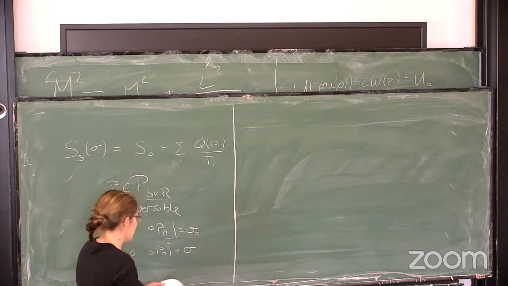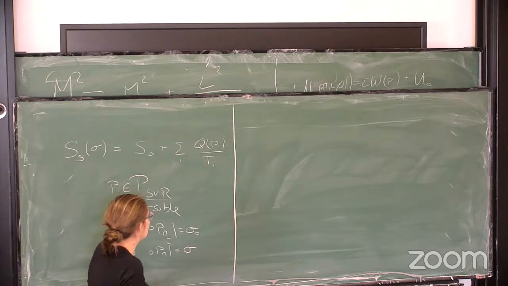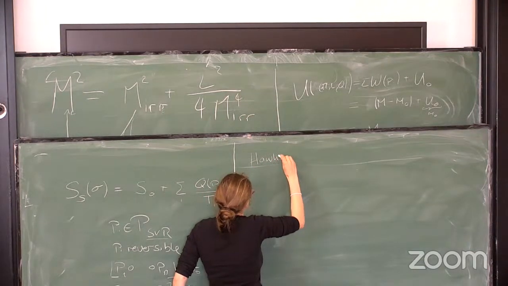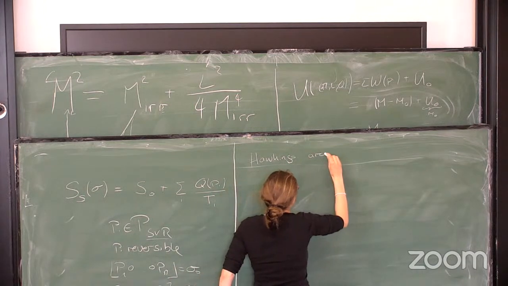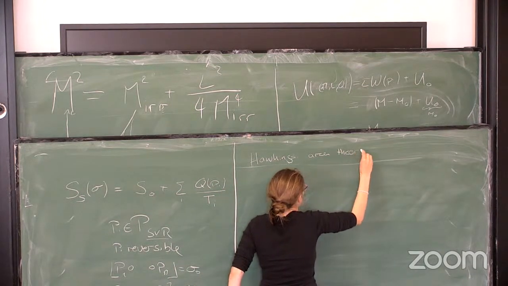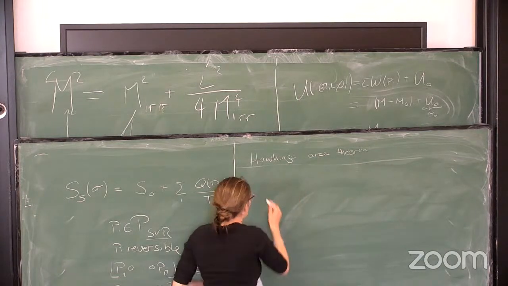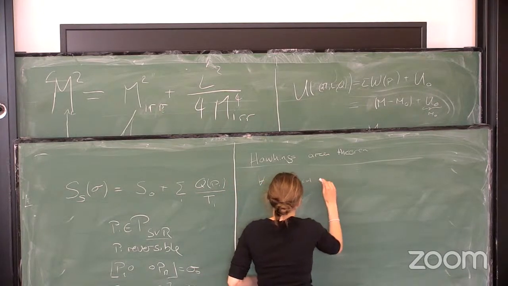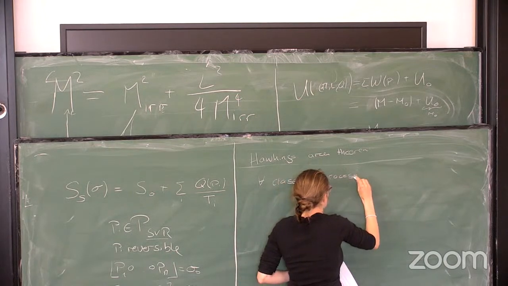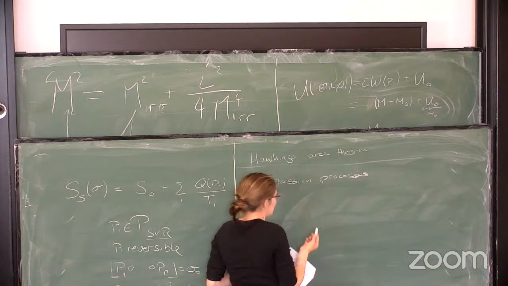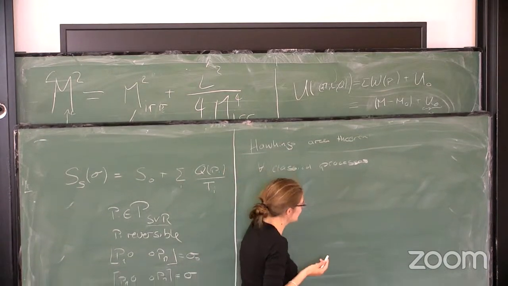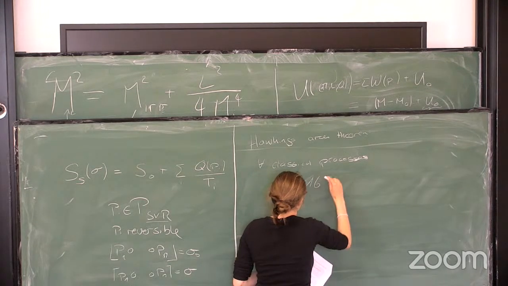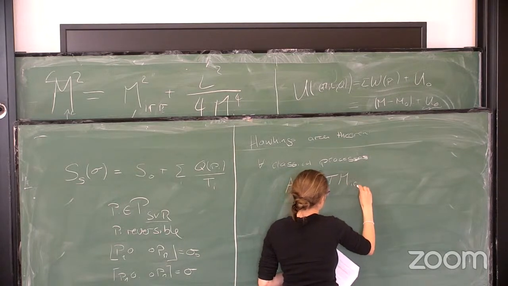So if you just look at the classical processes, there's actually a theorem called Hawking's Area Theorem, which says that for all classical processes, I mean, we don't consider quantum mechanics, the area, which is very much related to the irreducible mass, can only increase.